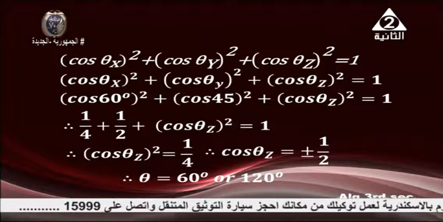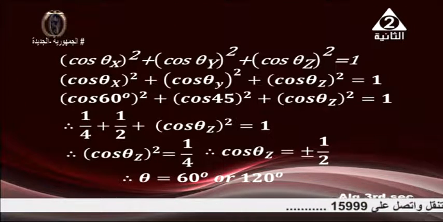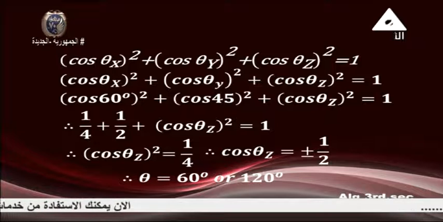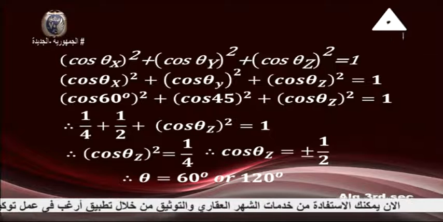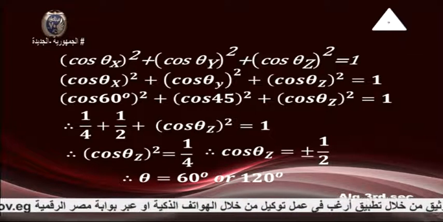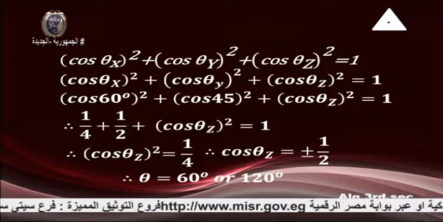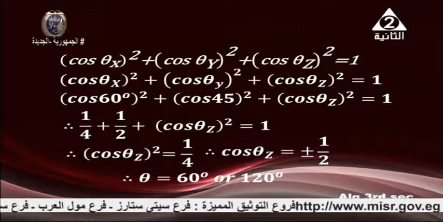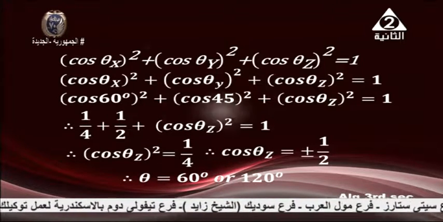What is the difference between them? If this angle lies in the second quadrant, we choose 120, but in the first quadrant, we choose 60 degrees. In general, cosine theta z is positive or negative 1/2, so theta may be 60 or 120.